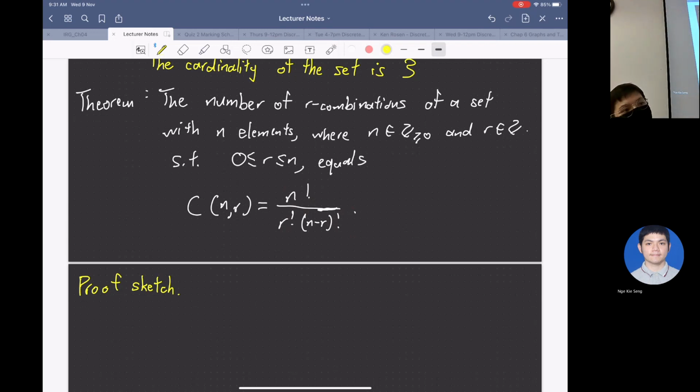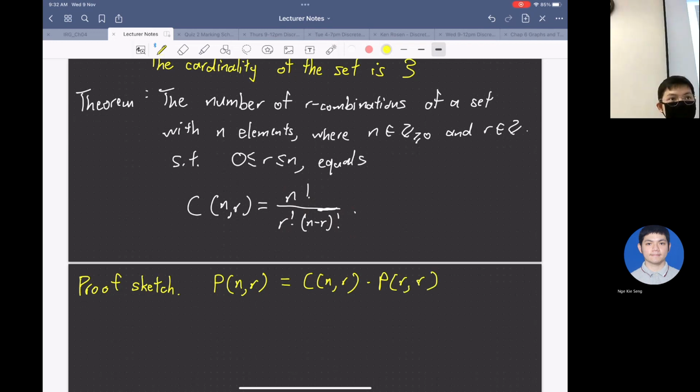So what is C(n, r)? Can we relate it back to P(n, r)? The claim is if you want to permute r elements from an n element set, you first pick r of them, you don't care about the order, and then you do permutation on the r elements, which is P(r, r).